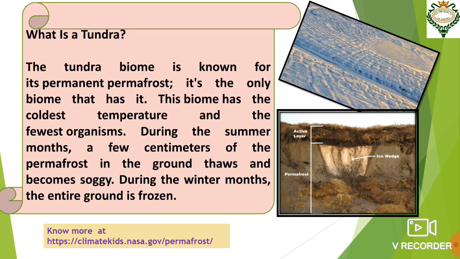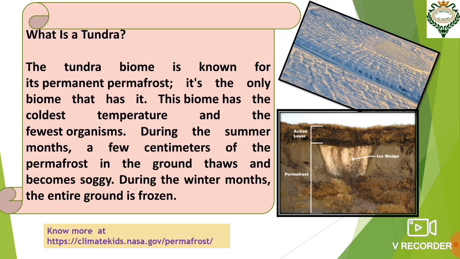The word tundra comes from a Finnish word tuntaria that means treeless plain. So it shows that this region does not have any trees. It has the fewest organisms too.